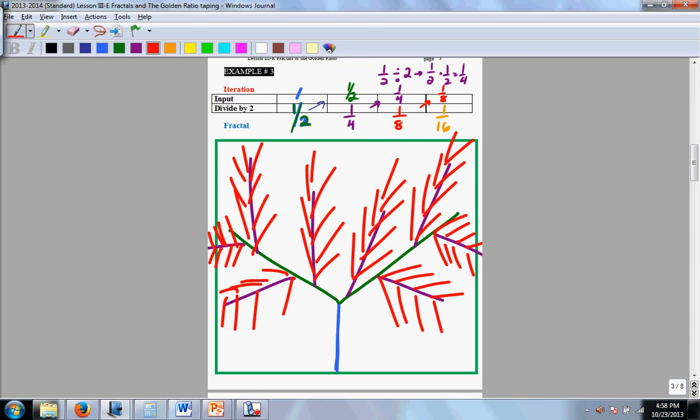I'm not going to do the 16th on all of them, but basically what you're going to do is take each branch, if you were, let's just only do one, and now it's 1/16, so it's 8 on one side and 8 on the other.